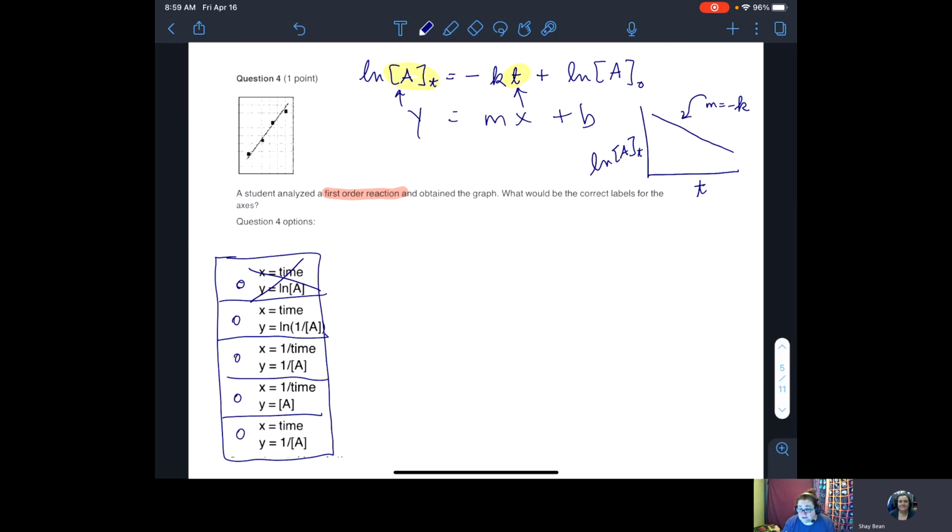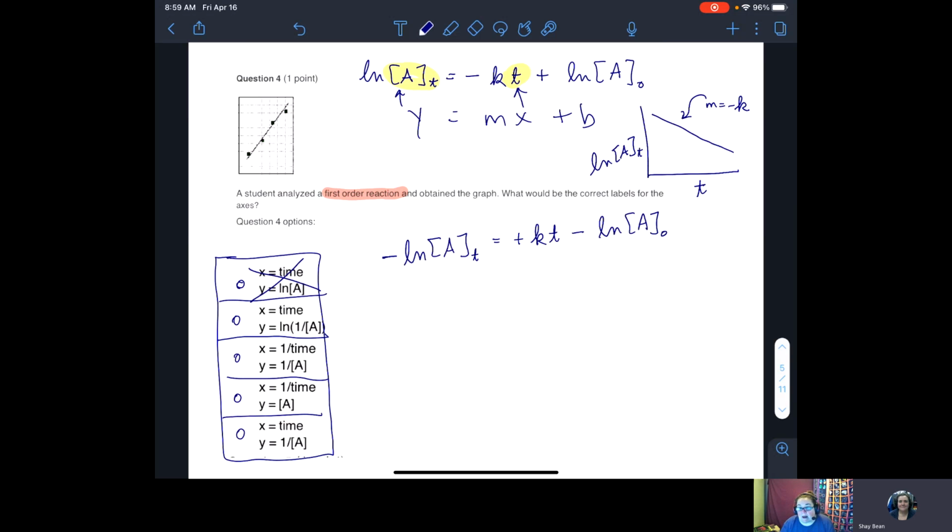Now, the first thing I'm going to do, it becomes a math question at this point. It's not a chemistry question anymore. It's a math question, and it requires an understanding of how logarithms work. So the first thing I'm going to say is, if I want a positively sloping line, let me get rid of that negative in front of k. And I can do that by multiplying through by -1. So that would get me the negative natural log of the concentration is equal to a positive kt minus the natural log at time 0.